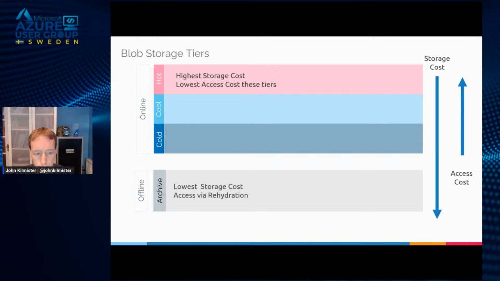Archive has the lowest storage cost of any of the tiers, and it's actually about 1/10 of the cost comparing it to hot. However, the files are offline and you can't access them. You can read the metadata and some of the other properties around it, but the actual file contents isn't accessible. You first have to rehydrate it, a process we'll talk about later on, and move it back into another tier in order to access it.